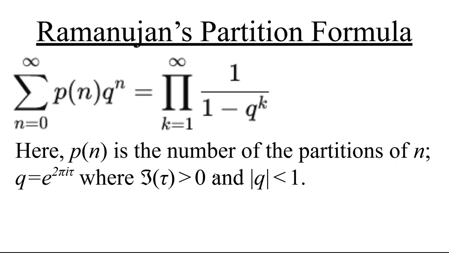Let me explain this with a simple example. Take the number 4. I'm not going to be using the formula here, but to make a partition, you have to write subsets of natural numbers such that the sum of the subset is the number you want.